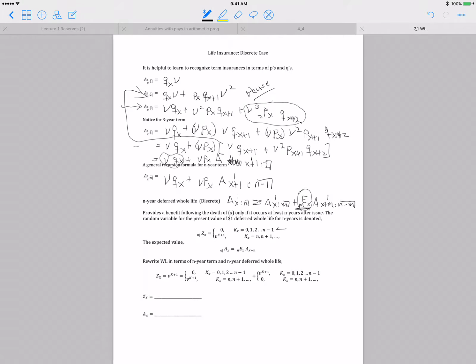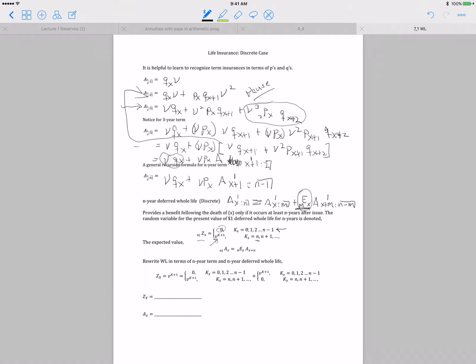So here, my values for the number of future birthdays are 0, 1, all the way up to n minus 1, and there is no benefit paid. But if I survive to my nth birthday, now the contract goes into force, and the benefit will be paid to my beneficiary at the end of the year of death. So I have v to the k plus 1 being the present value of that $1.